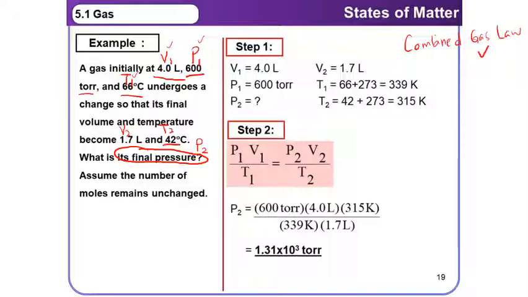Again, when you look at the question here, you will notice the temperature must be in the unit of Kelvin by adding 273. The unit of pressure, if you don't want to change, then it's okay. If you want to convert them to atm, that is okay as well. So by substituting the values into the combined gas law, P1 V1 over T1 equal to P2 V2 over T2, we will get the pressure in torr as 1.31 times 10 to the power of 3 torr.